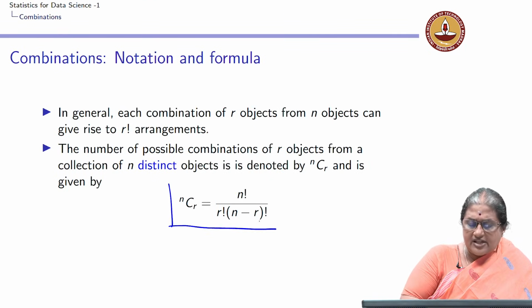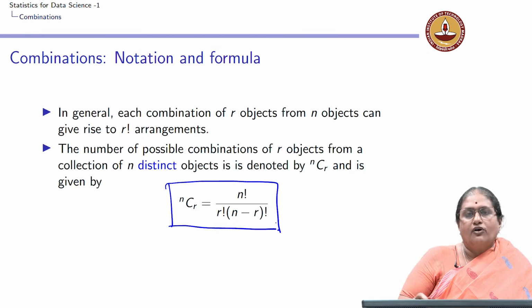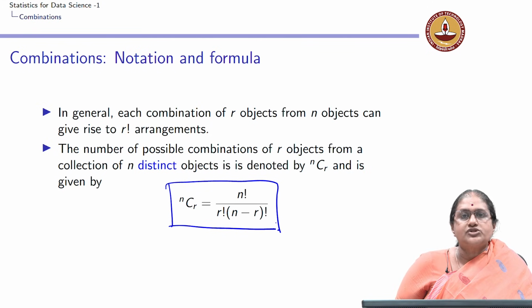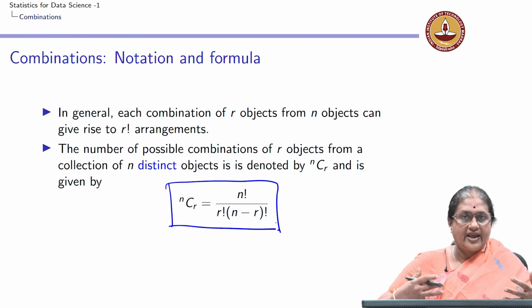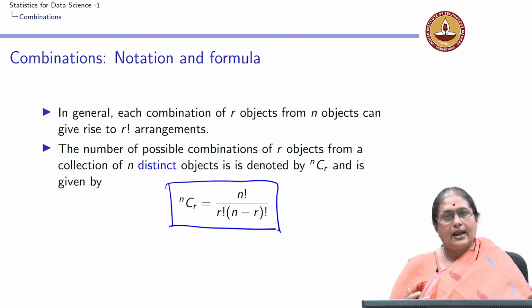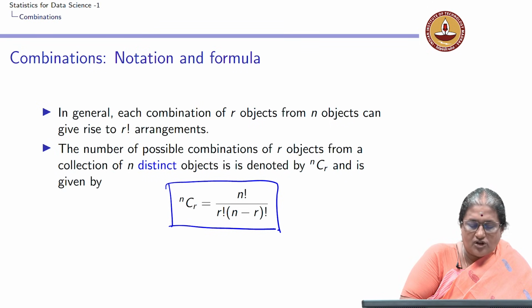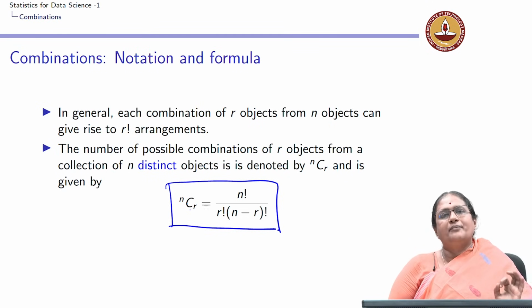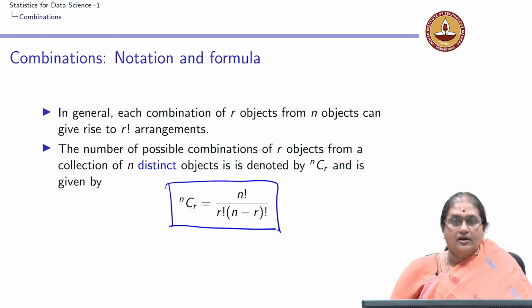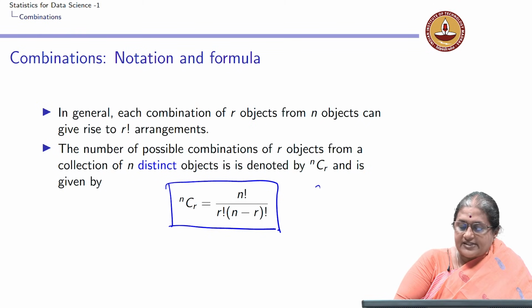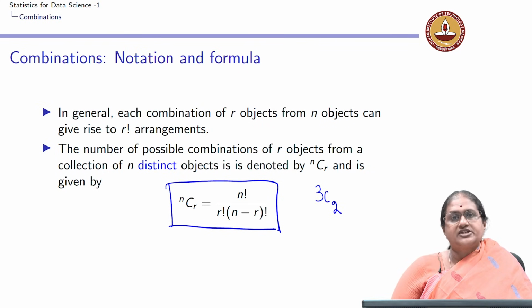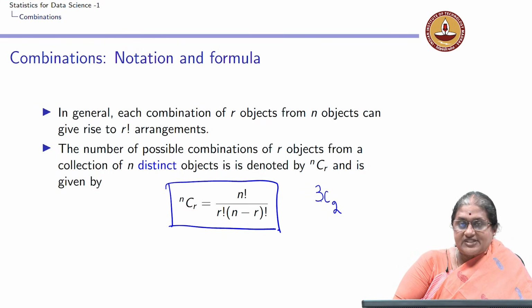So, this is the formula for n choose r, and the way I express it is the number of possible combinations of r objects from n distinct objects. In the earlier example, I chose 2 objects from 3 distinct objects, so it is 3C2.